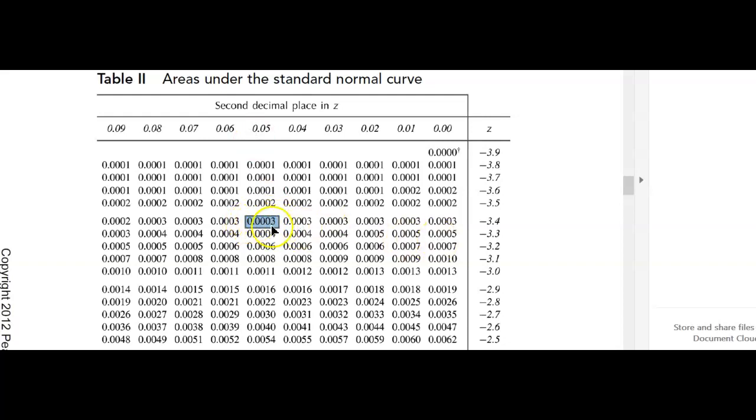It means that this z-score, negative 3.45, has this area to its left side. This is what the table is showing you. If you replace the z here and you put negative 3.45, then the area that's shaded there is 0.003. The table always gives you the area that's on the left side of the z-score.